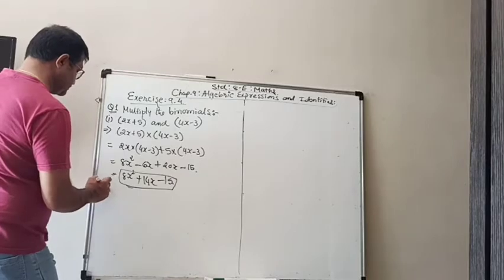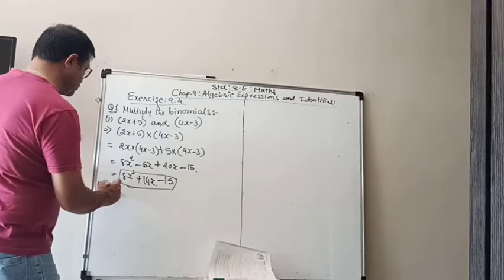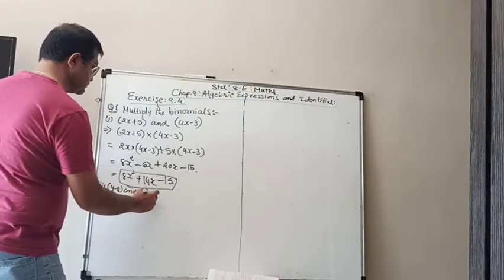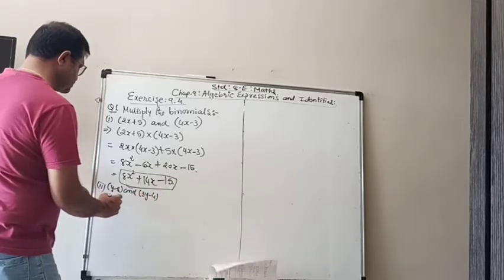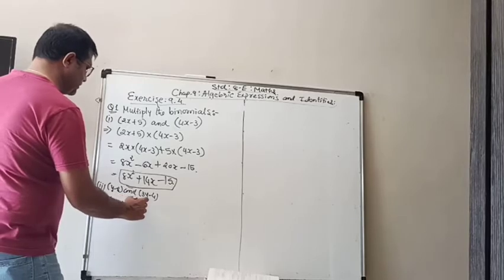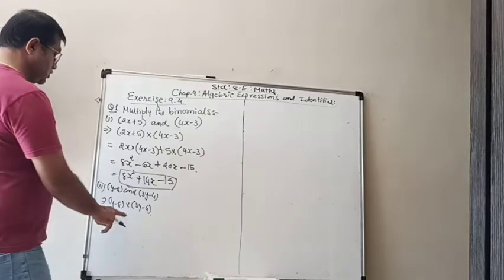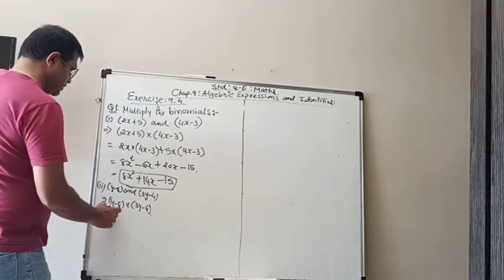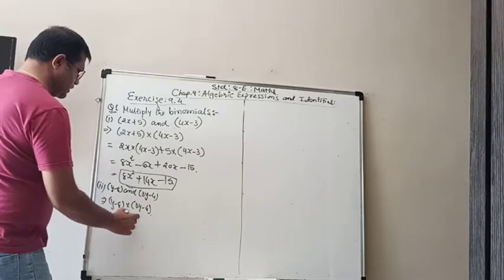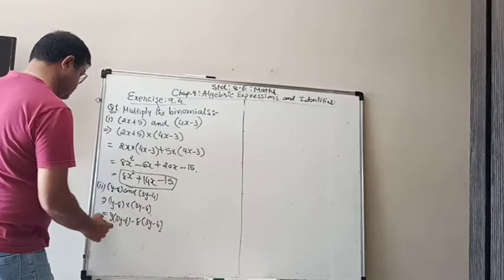Second one. y minus 8 and 3y minus 4. So here y minus 8 multiplied by 3y minus 4. So here y into bracket 3y minus 4, minus 8 bracket 3y minus 4.